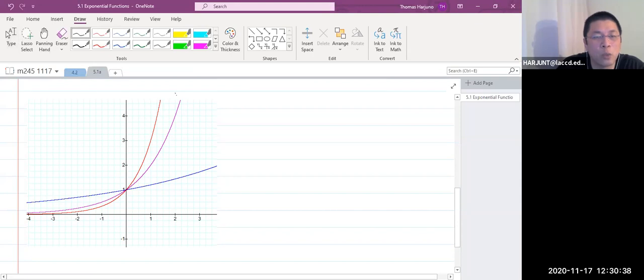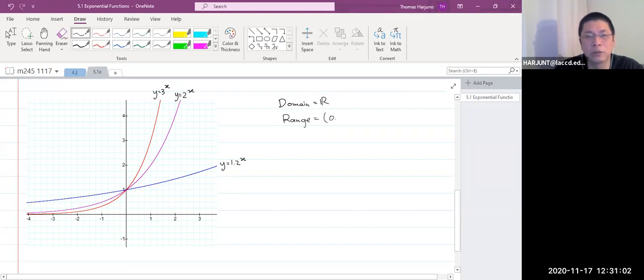This is y equals 2 to the x, y equals 3 to the x, and this is y equals 1.2 to the x. Now all of them have the same situation: the domain is all real numbers. The range is from 0 to infinity, not including 0.